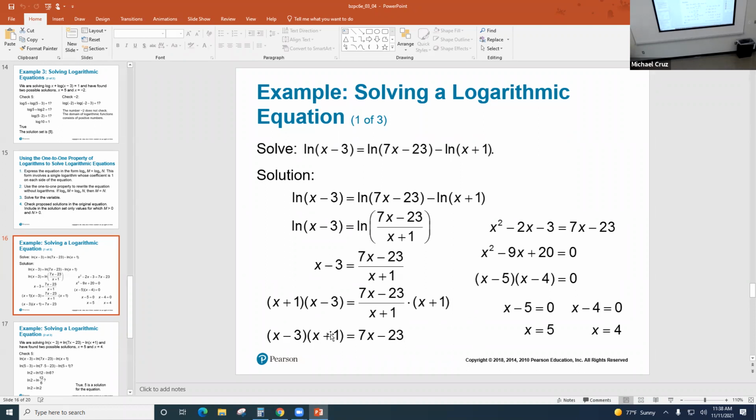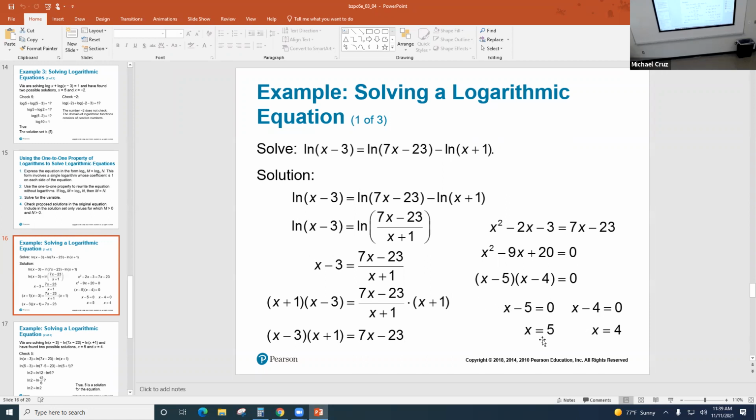So we get x squared minus 2x minus 3 is equal to 7x minus 23. Subtract 7x from negative 2x, you get negative 9x, and adding 23 to negative 3 gives us plus 20. Now that's easily factored as x minus 5 times x minus 4. Setting each one equal to 0, x minus 5 is equal to 0, x minus 4 is equal to 0.